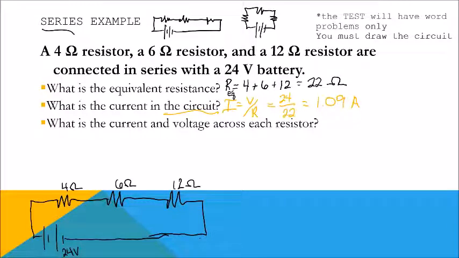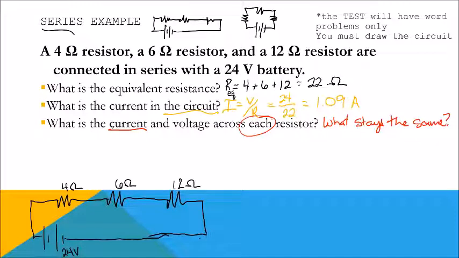What is the current and voltage across each resistor? Once we get to the point of looking at each resistor, we need to ask ourselves a very important question. And that question is, what stays the same in this kind of circuit? In series, the thing that stays the same is the current, which means we don't need to solve for the current.